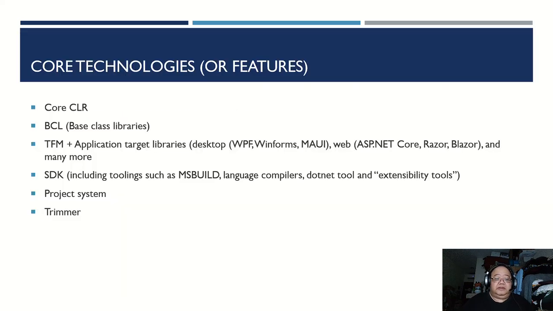We now have the core technologies, I mean not just the CoreCLR or BCL, but also the project system, framework, and the tooling, including all of those .NET tools in the SDK, I mean the default tools as well. And we also have the Trimmer, so hopefully next week I will start to discuss the trimmer as well.